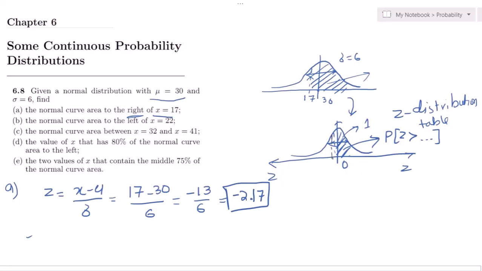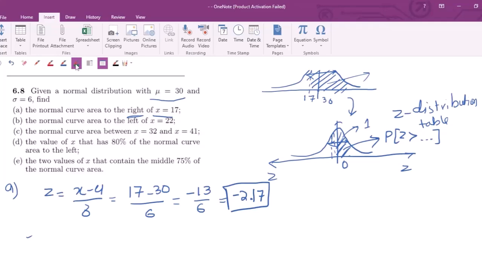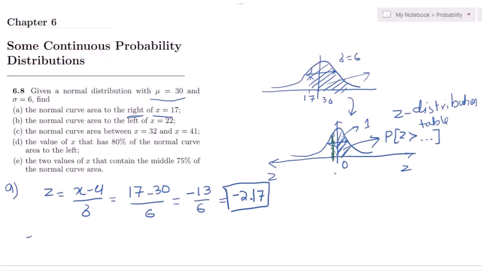This is the value of z, minus 2.17, and according to the statement we have to find this area which is to the right of it, so z is greater than minus 2.17.